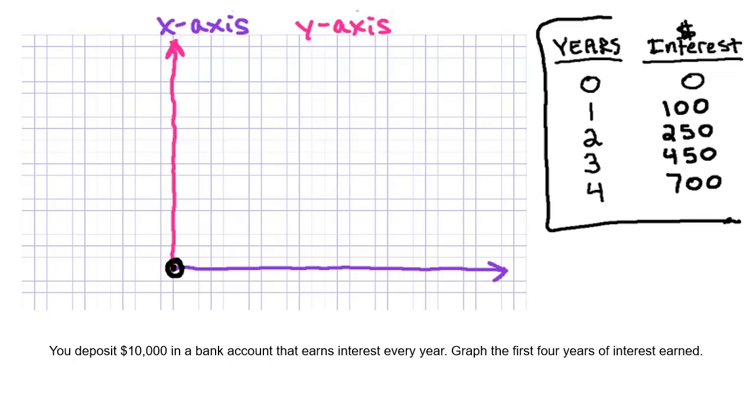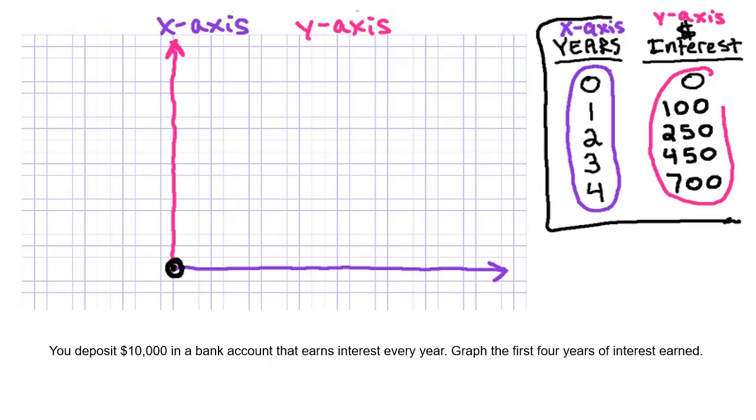So the x values would be the years, because we usually use time on the x-axis if time is a choice. So your x values would be this column right here. And so that leaves our y-axis, which would be the amount, which would be the interest earned. And so your y values would be this column right here in the pink.